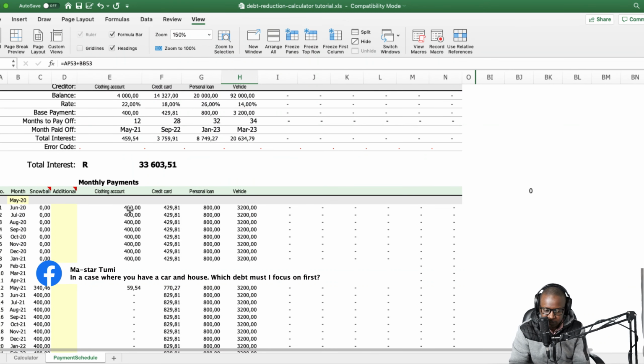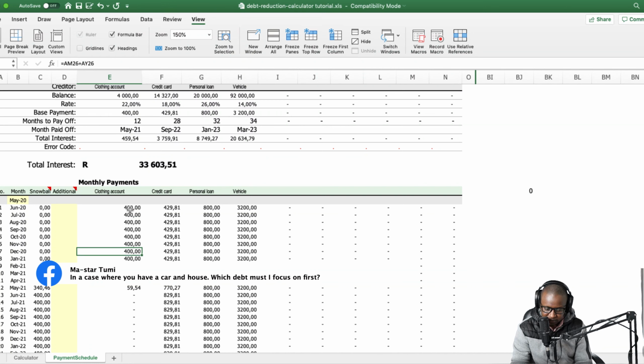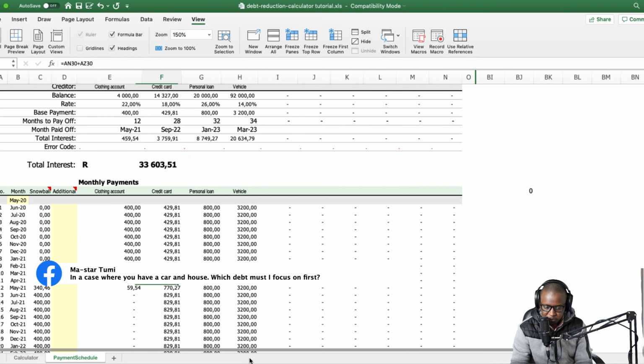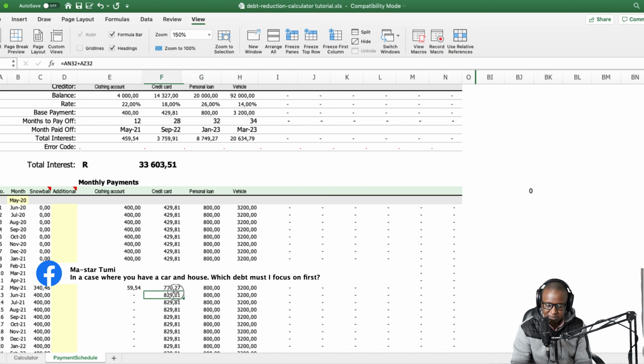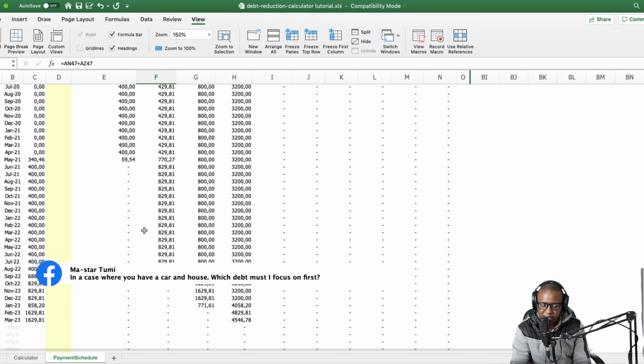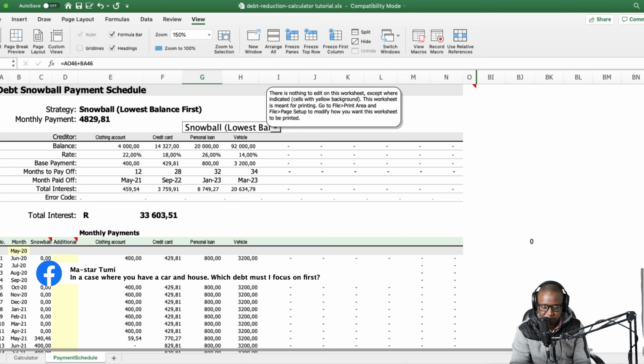Because, as I've said, you start by paying off your clothing account. Once you are finished with the clothing account, you will take that 400 and put it over to your credit card. So your credit card installment will increase from 429 to 770, then to 829, because you take the 459 rand here. Then once you are finished with your credit card, you will take whatever you've been paying on your credit card and add it to your next debt, which is your personal loan.